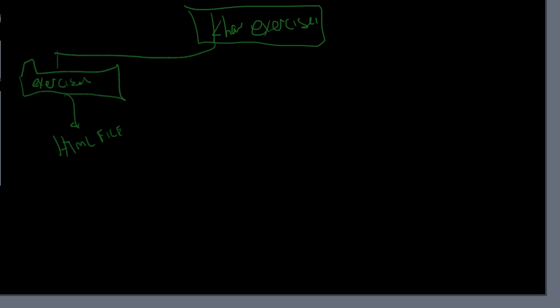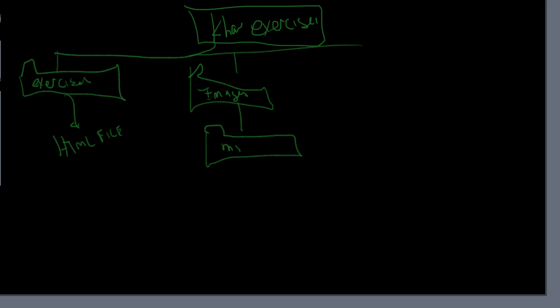But also under Khan exercises we have the images, and under images we have MJP, and under MJP we have MJP underscore 01, MJP underscore 02, etc. One per file, so one per exercise.